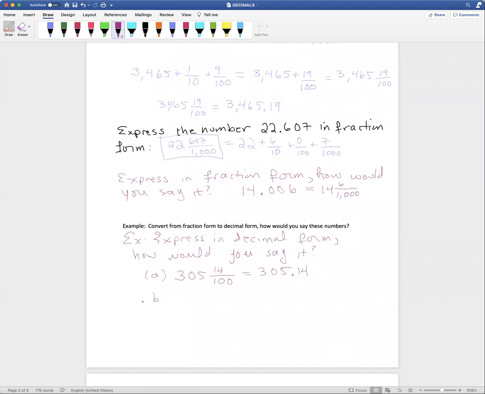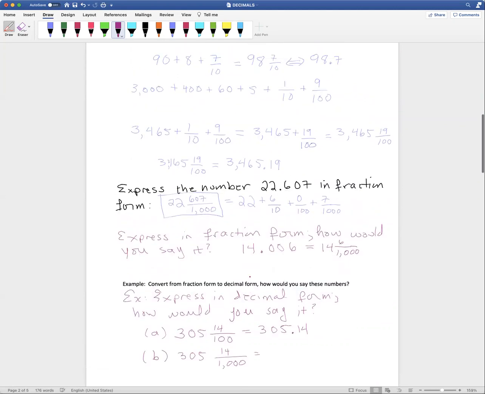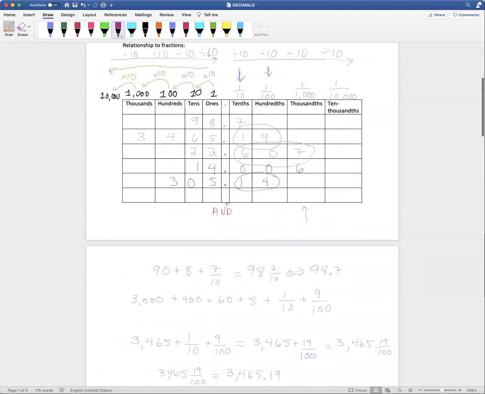Well, what if we had something that looked like 305 and 14 thousandths? What would that look like in decimal form? 305 and 14 thousandths. Let's go back up here. 305 again. Now we have to make sure that we have the number 14, and we have to make sure that the number 4 lands on the thousandths place value. So that means this time the 4 has to land on the thousandths, which is right here. So 14 would look like this.